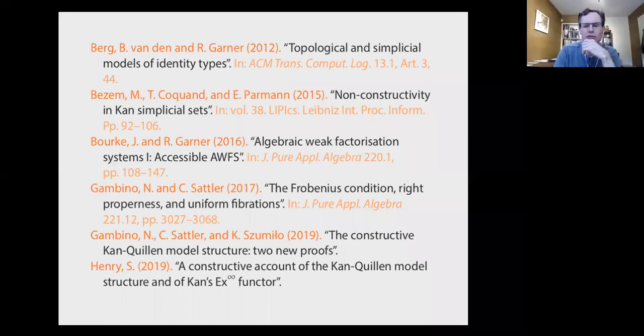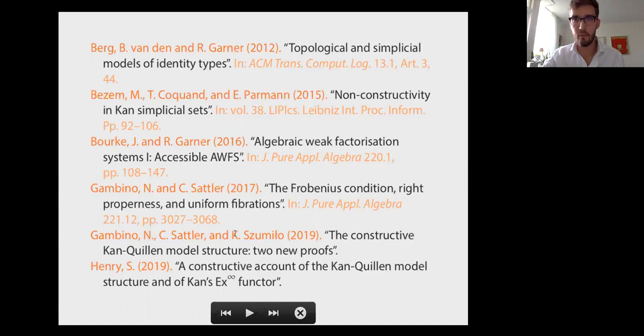Okay, more questions? Okay, there's another one in the chat. You say that, this is Daniel Grayson, you say that with classical logic, fibrations are effective fibrations. Does this tell us something new about simplicial sets? Well, yeah, I think this work does tell us many new things about simplicial sets.